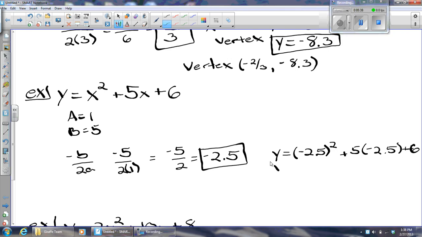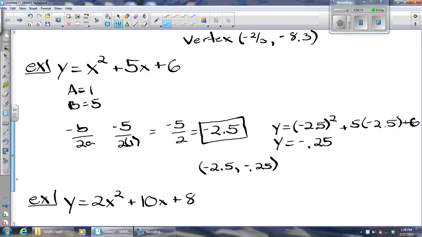So y equals negative 1/4 or 0.25. So our point, the vertex point is negative 2.5 and negative 0.25. That's where our vertex is going to be. Okay, one more example.